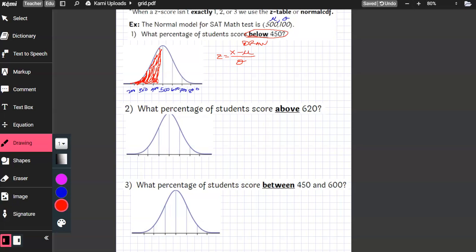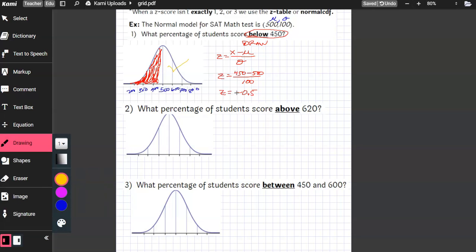So if I standardize this score and I plug in the values, I will get 450 minus 500 divided by 100. And that should result in negative 0.5. So I've done two very important steps right now.